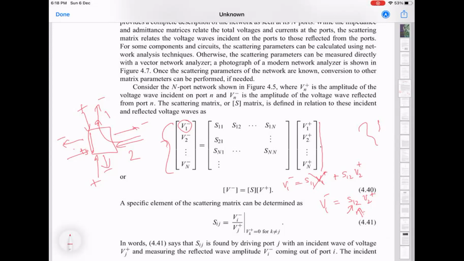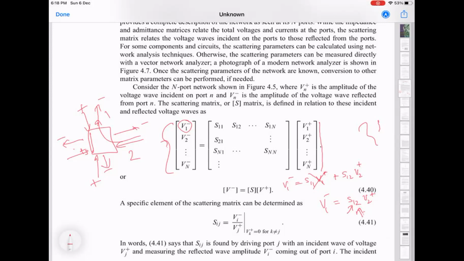If you now want to measure this for a particular network, then to isolate one particular term, you have to set all the other ones, which are not related to the one you're measuring, to 0. Remember that the quantity you are detecting is the minus ones, and the quantity you are injecting are the plus ones. That's where you're sending the signal from, and you're receiving the signal on this side.